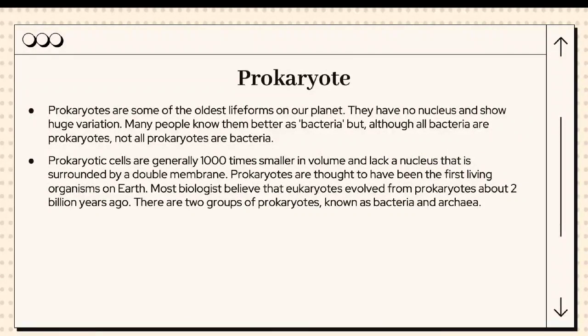Prokaryotic cells are generally 1,000 times smaller in volume and lack a nucleus that is surrounded by a double membrane. Prokaryotes are thought to have been the first living organisms on Earth. Most biologists believe that eukaryotes evolved from prokaryotes about 2 billion years ago. There are two groups of prokaryotes known as bacteria and archaea.